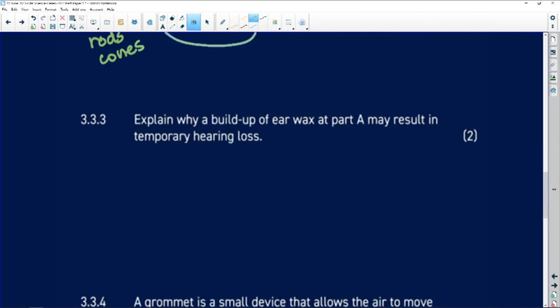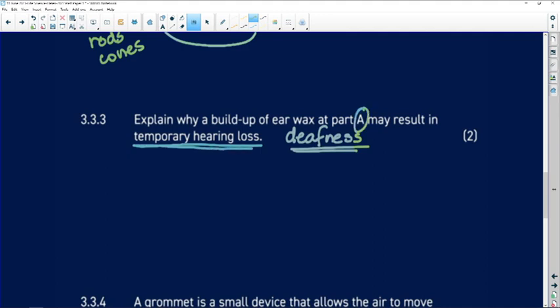Explain why a build-up of earwax at part A may result in temporary hearing loss. Notice we're not saying deafness. Deafness kind of implies some permanence, whereas we're told that this is a temporary hearing loss.